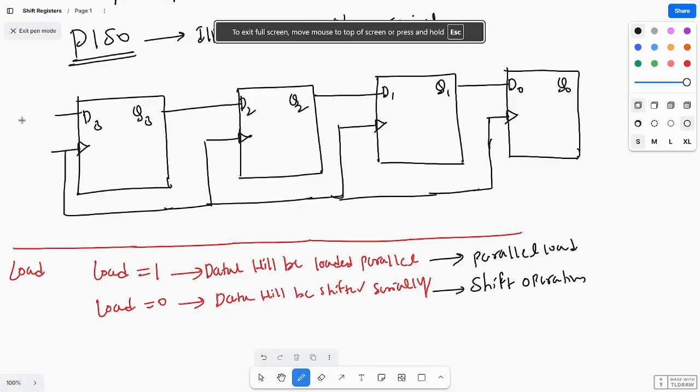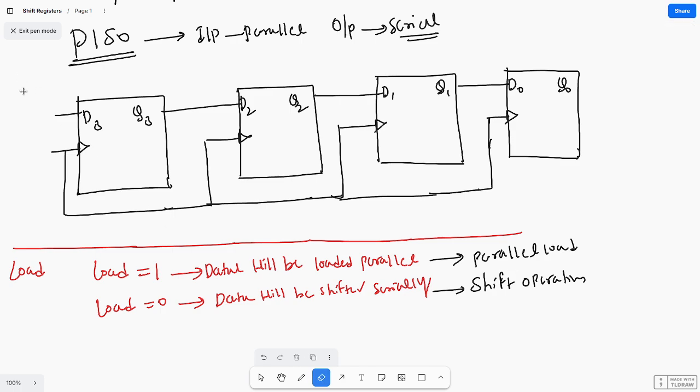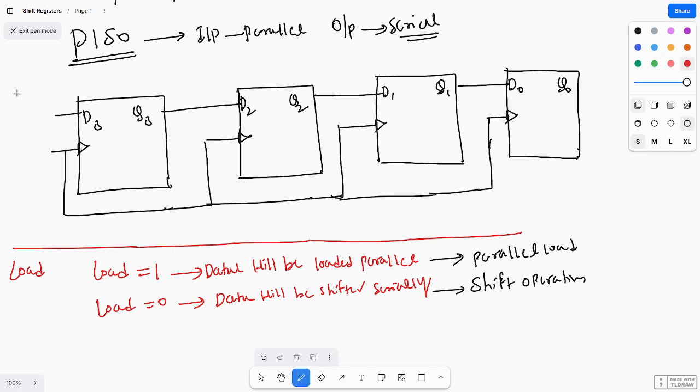Here I need to connect one combinational circuit such that this is connected as a selection line. We already got the selection line in a mux, no? So we can connect a 2 cross 1 mux here.